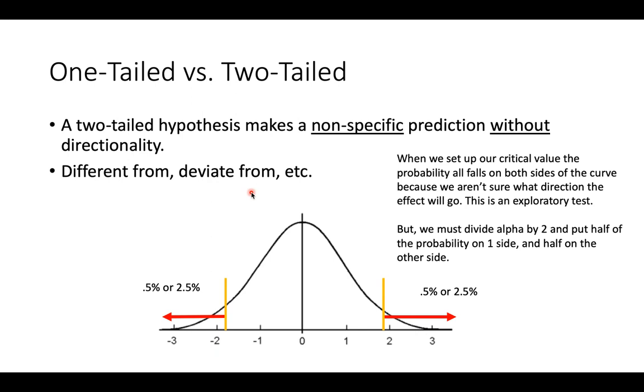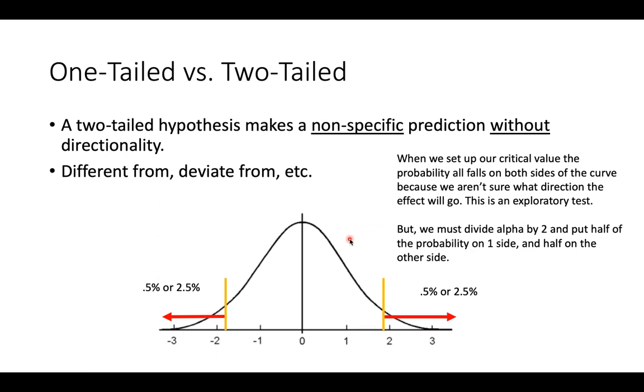Now, reasons why you might want to make a two-tailed hypothesis are that you're unsure of what the results are going to be. You're maybe doing an exploratory experiment that's never been done before, and so you're not sure whether your manipulation is going to maybe increase scores or decrease scores. So you want to give yourself the opportunity for a significant finding on either side of the curve. Let's say that our alpha is 0.05.